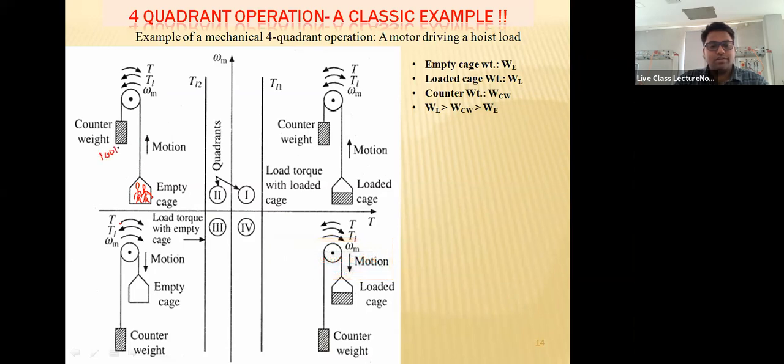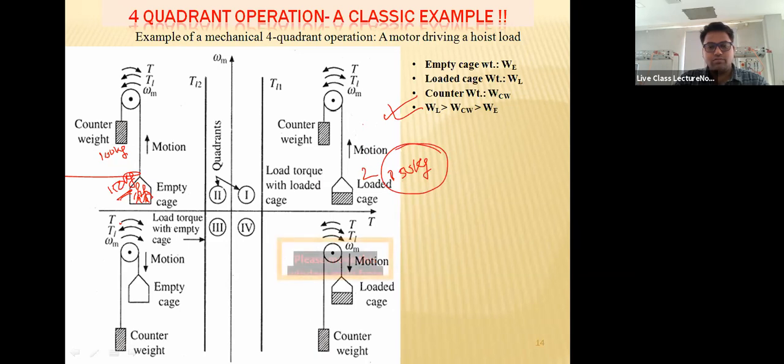So this is say 100 kgs, this goes to around 150 kgs, with two people of 75 kgs each, right? So what would be the thing? It would be 50 kg extra, so it will try to go down, right? So the motor has to pull them up. So this would be the case for the first quadrant. The load torque is downside, so the motor has to pull them up.